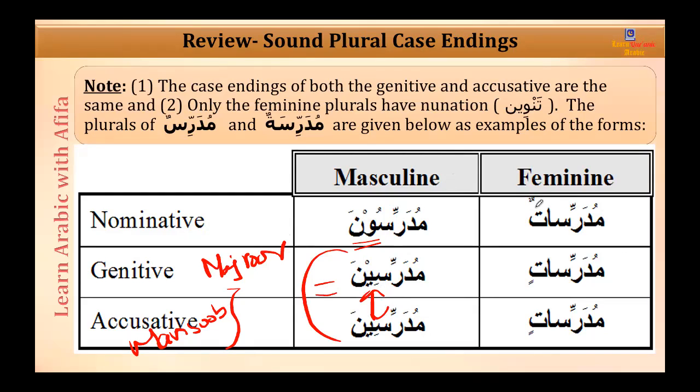Similarly, for females, the marfu case is with the alif and ta, and it's marfu'un with the dhamma. And here in the majroor and the mansub case, it's the same. They're both represented by kasras. This one is the exception that we talked about. This one is the exception, the mansub case.